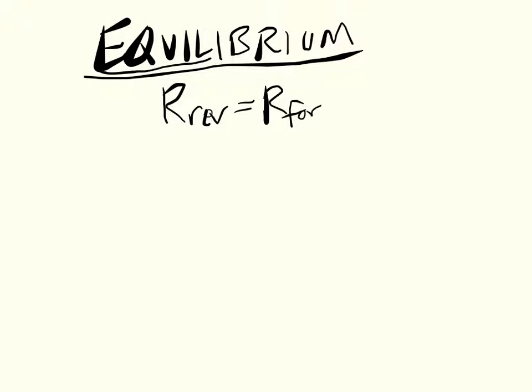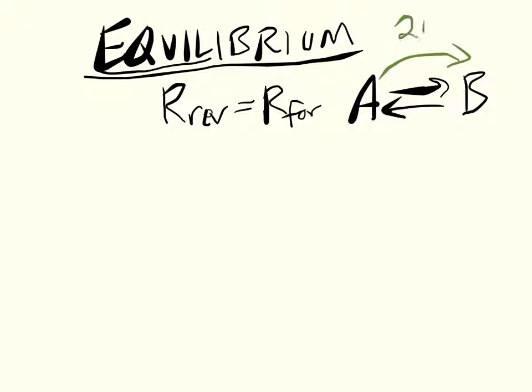So for the reaction A and B, the rate at which A is getting turned into B, let's say, is 2 molar per second. If we're at equilibrium, B is also getting converted back into A at 2 molar per second.